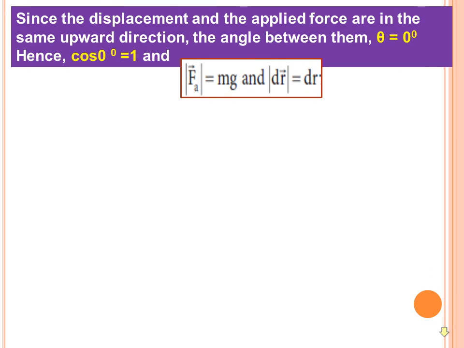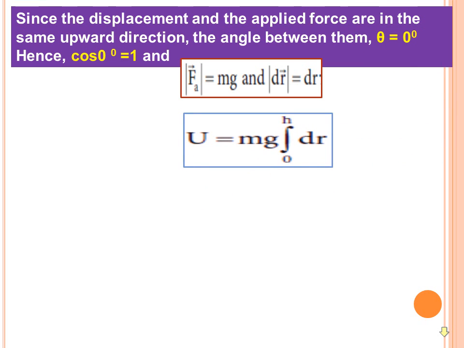Since the displacement and the applied force are in the same upward direction, the angle theta between them is equal to 0 degrees. Therefore, cos 0 degrees is equal to 1. So, Fa modulus is equal to mg and dr modulus is equal to dr. Then we get U is equal to mg into the integral from 0 to h of dr.